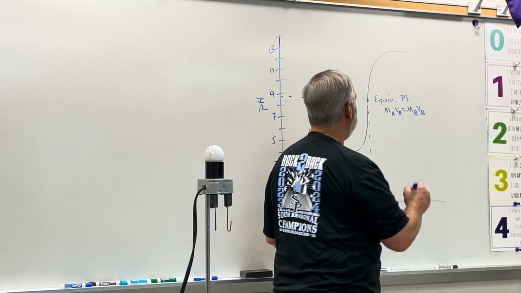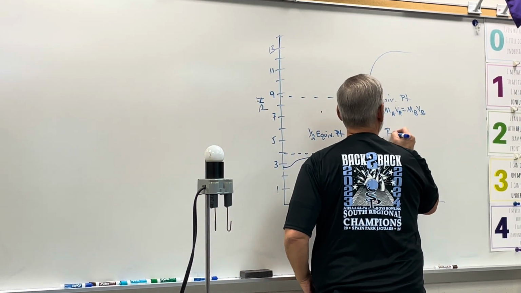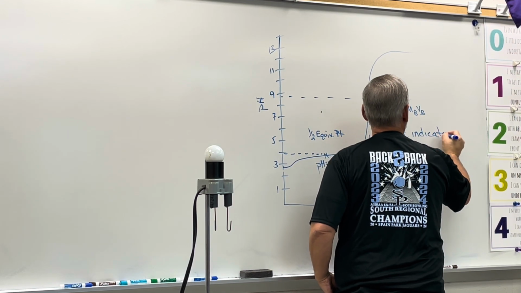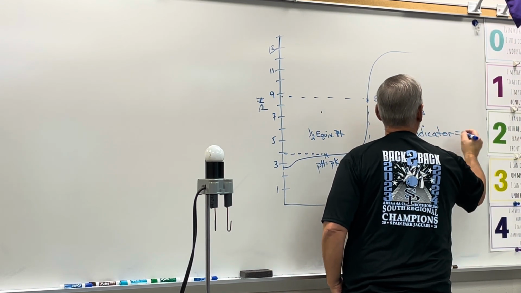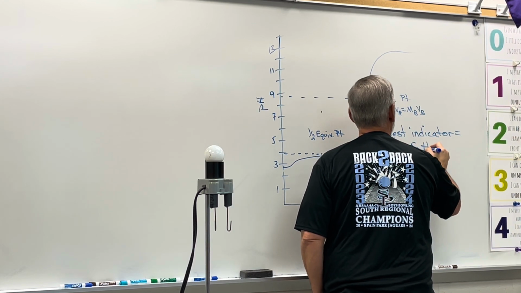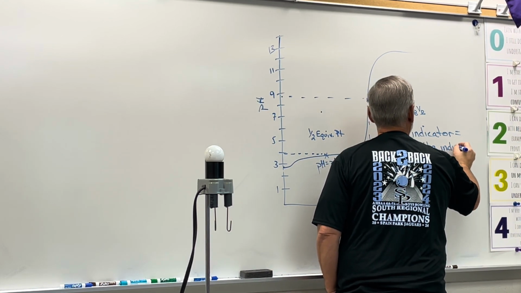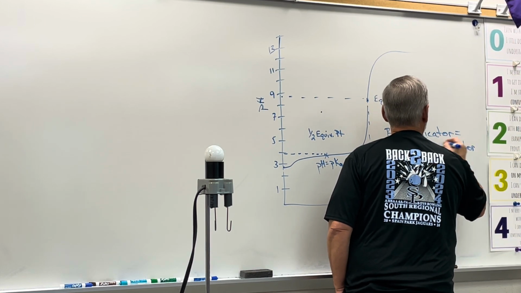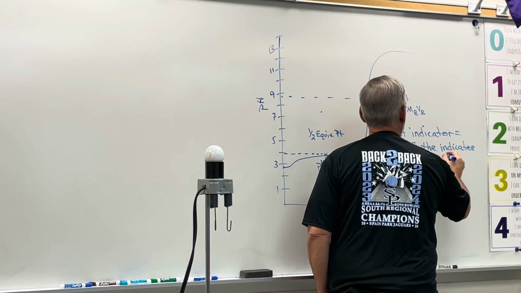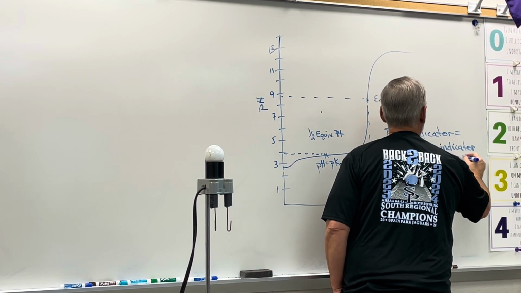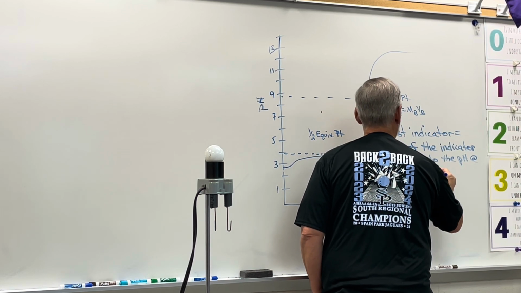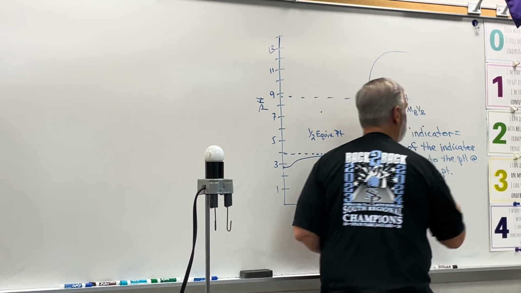So the best indicator is the one whose pKa is close to the pH at the equivalence point. That's how you know which indicator to pick.